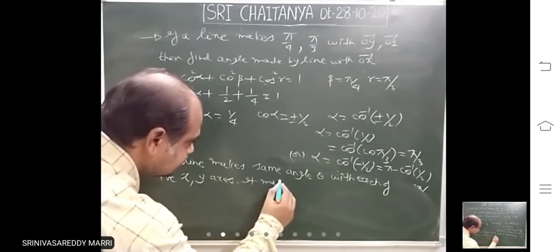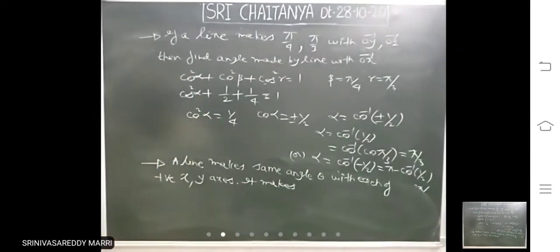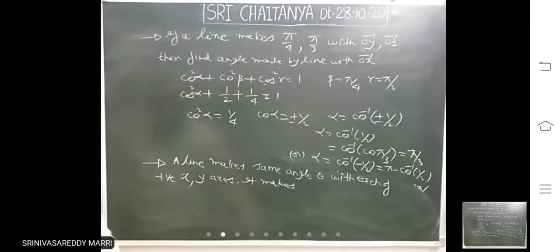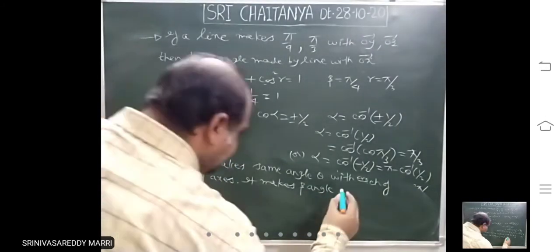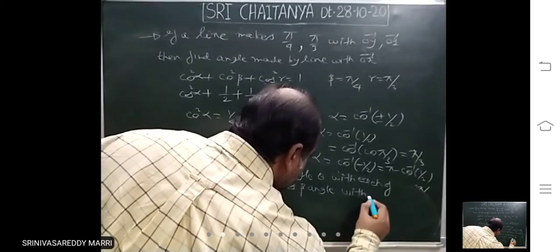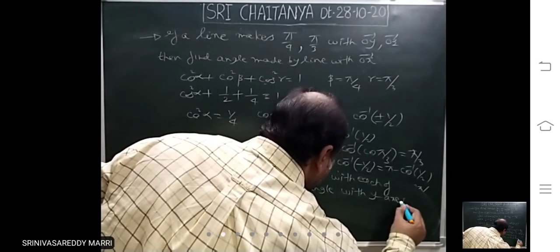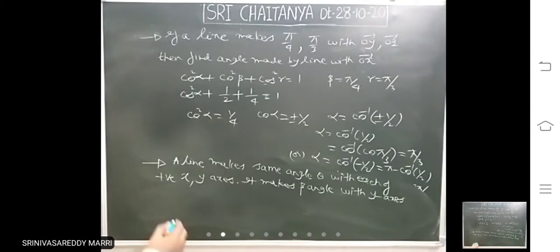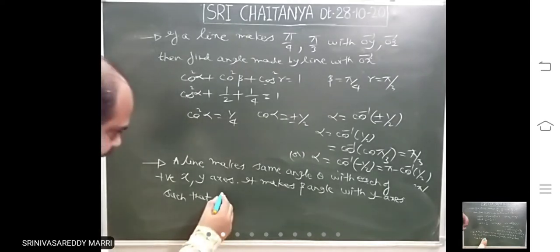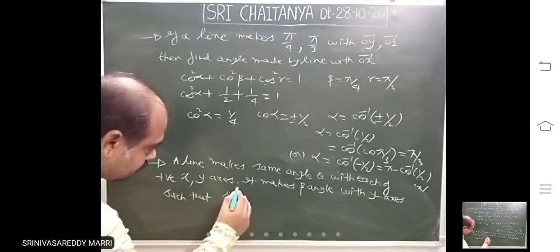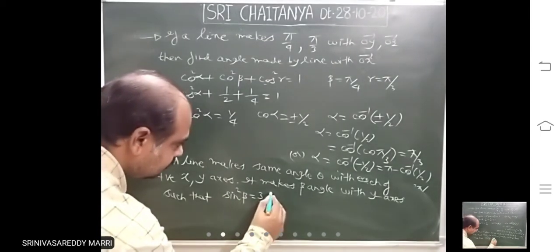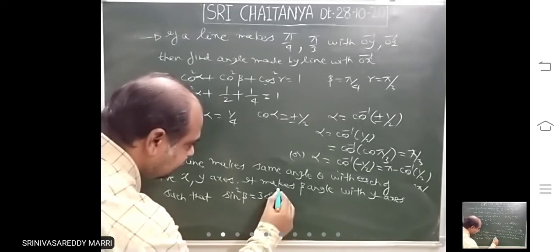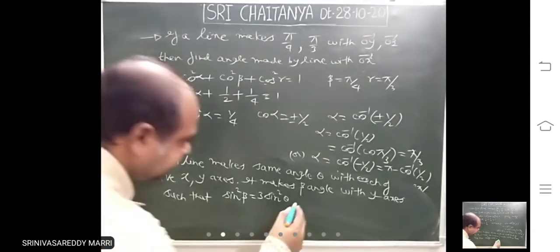It makes beta angle with y axis such that sine square beta equals 3 sine square theta.